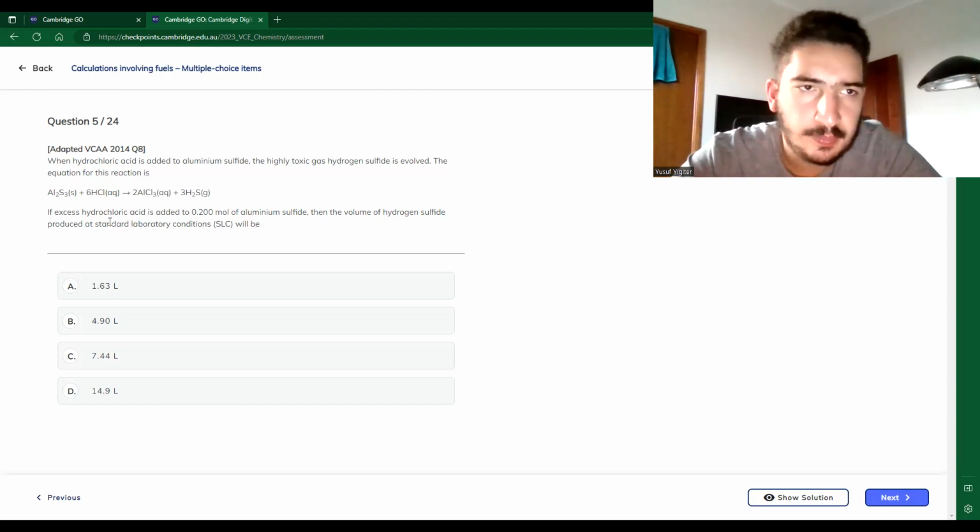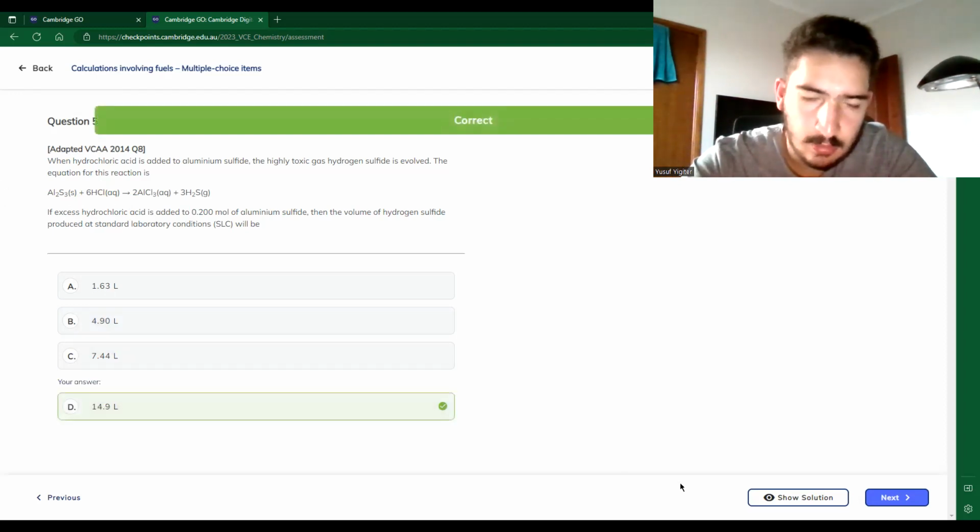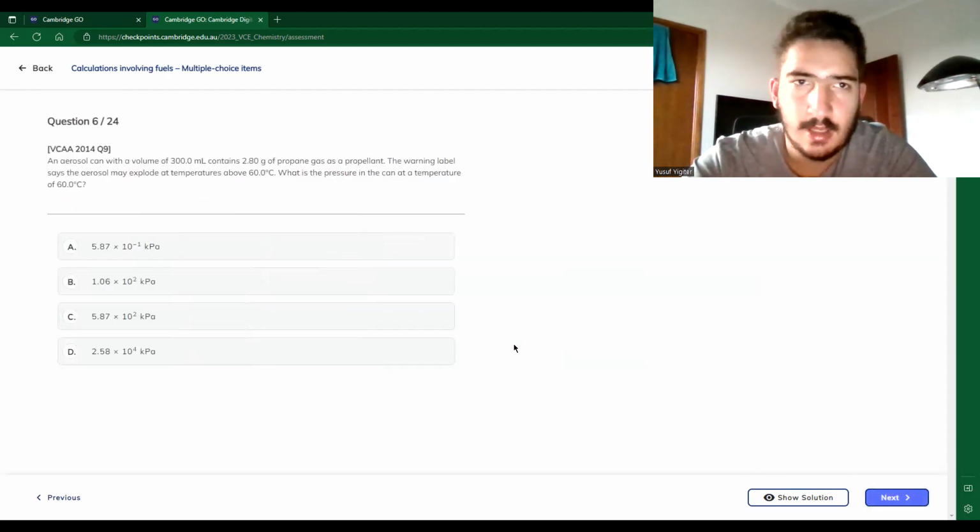So unknown over known, so 3 times 0.2, that's the amount of moles. Times it by 24.8, and we got 14.9. It's a big number. I don't know if I'm correct. I am correct. Yay, I'm too good at this, man.